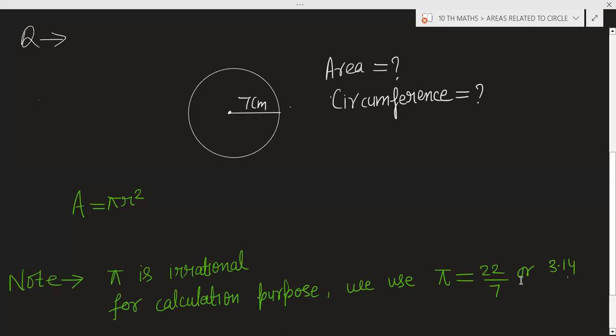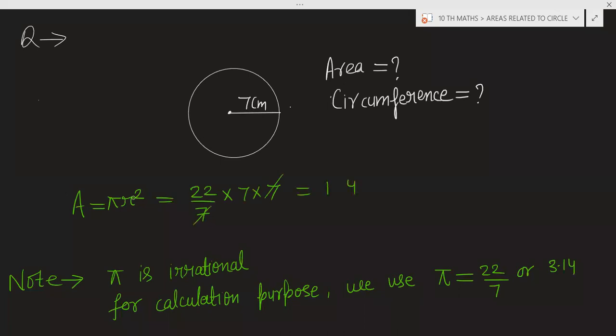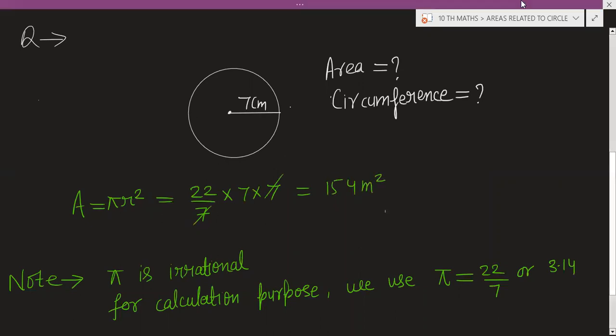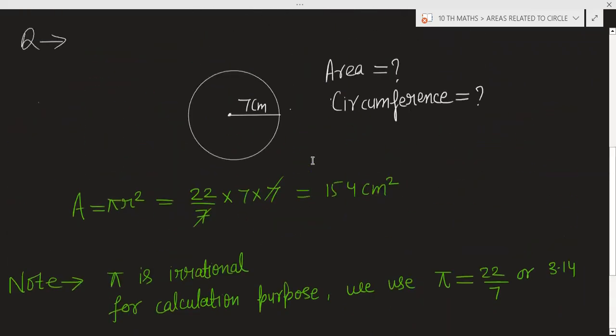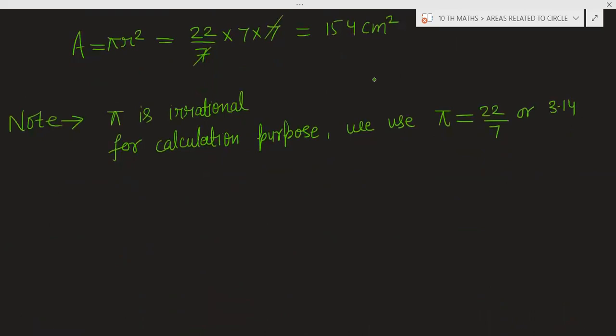But this is not the exact value of pi. So area will be pi r square. Pi can be written as 22 by 7 multiplied by r square, means 7 square, 7 multiplied 2 times. So 7 and 7 will be cancelled out. It will become 154 centimeter square, not meter square, because the radius is given in centimeter. So it will be centimeter square.